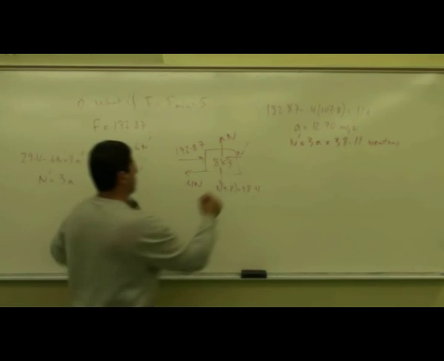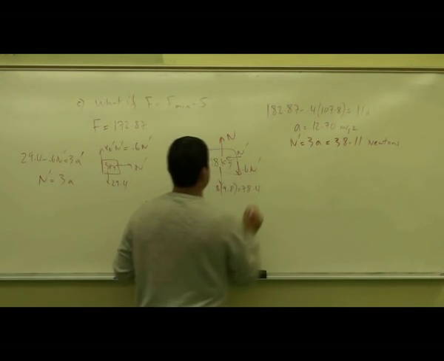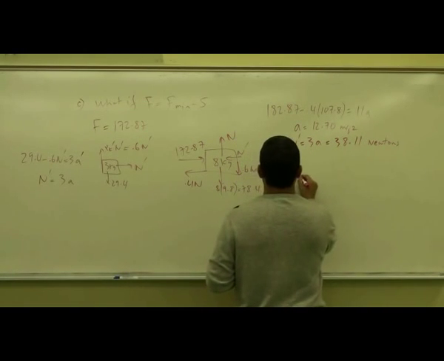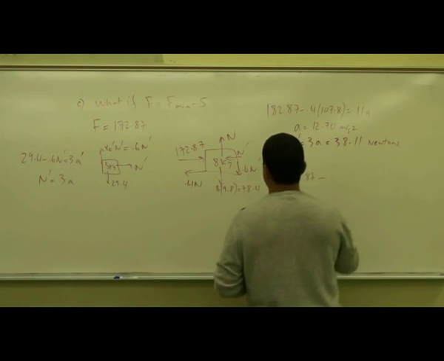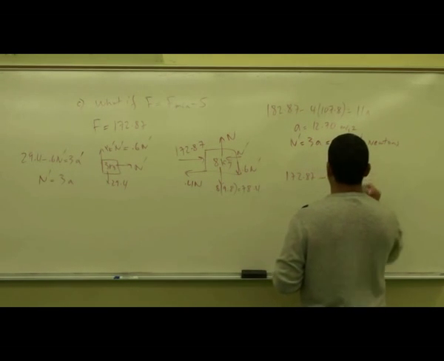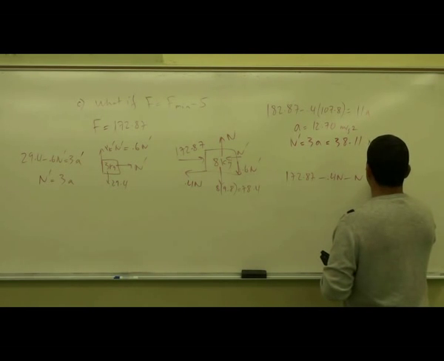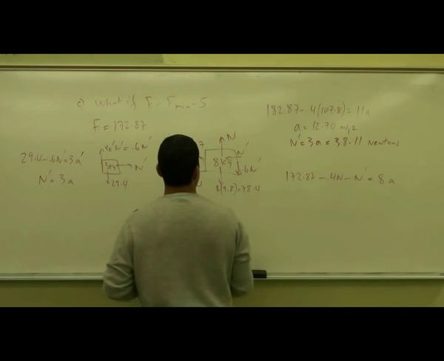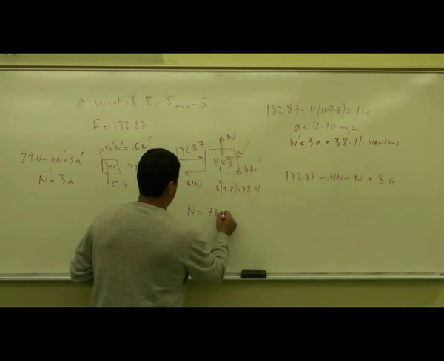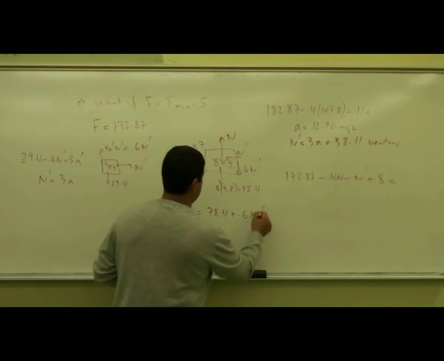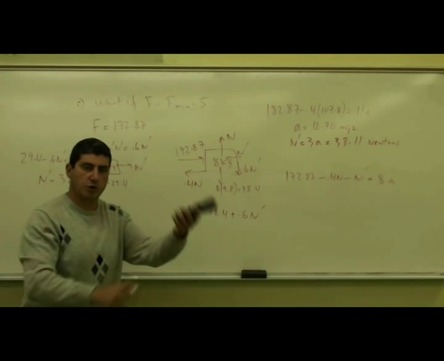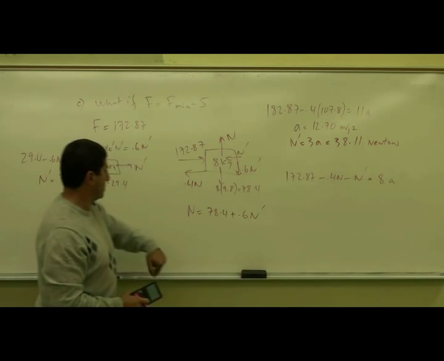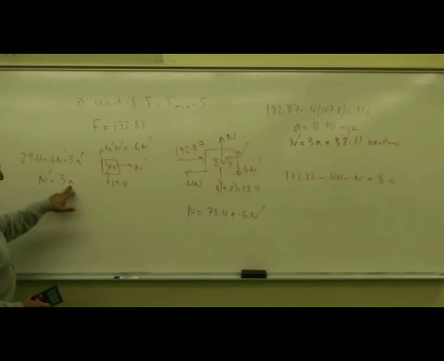Again, 0.6 n prime pushing down. So the forces there are 172.87 minus 0.4 n minus n prime is equal to 8a, and then n is equal to 78.4 plus 0.6 n prime. So there's like a cycle going on here. N depends on n prime.